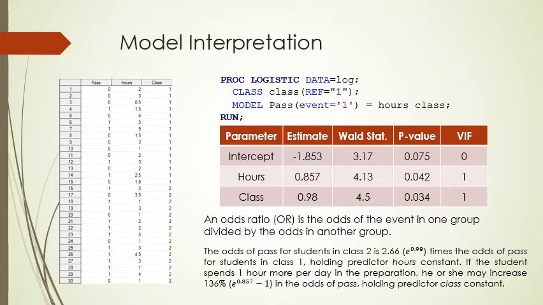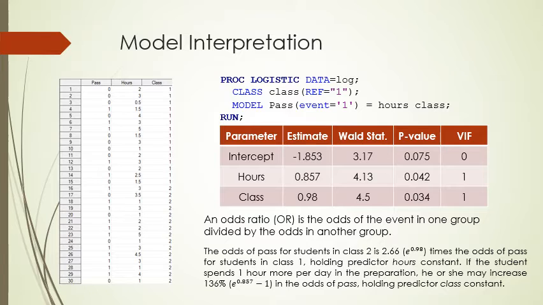From the data, we have 16 students pass the exam and 14 fail the exam. We have 2 predictors. The first is the hours spent per day for the exam, and the second is the student's class.